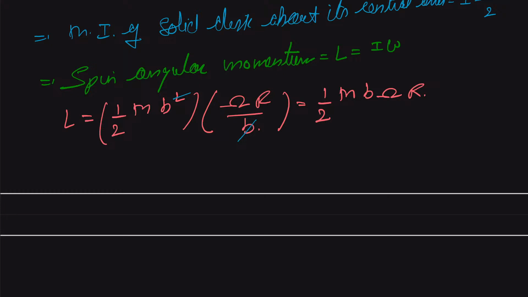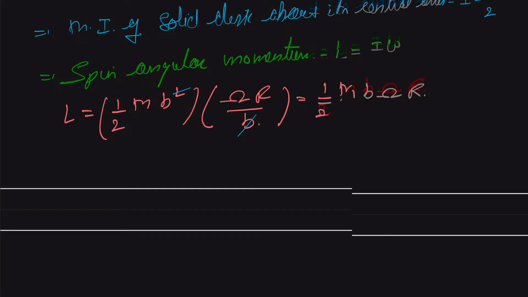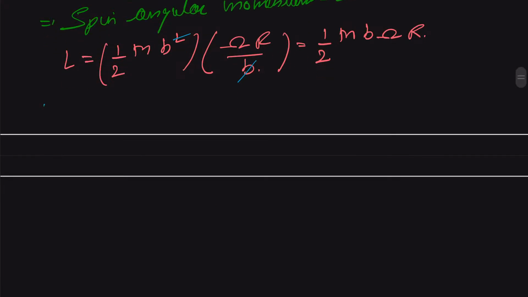And from here we can find out the magnitude of the torque. Therefore we can say that the torque, that's our tau, will be equal to omega times L, and this gives us half m b omega square times r.